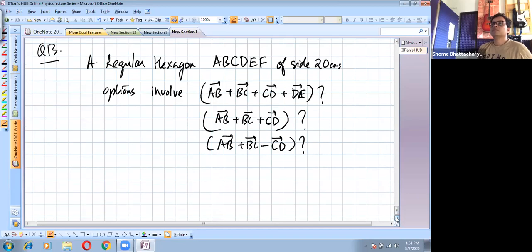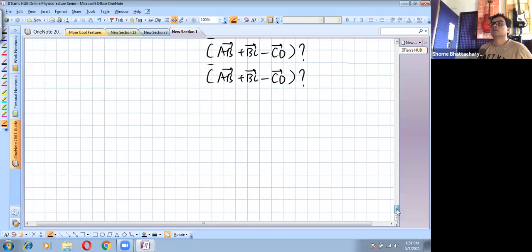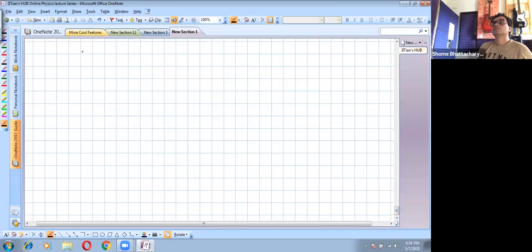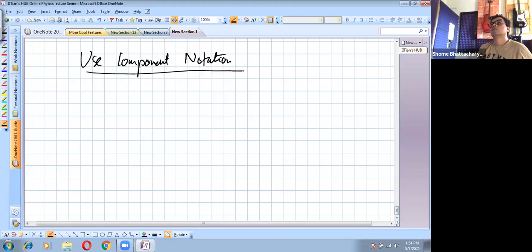Okay. So what we'll do here is we will solve everything by component method. So we will use component notation. How we do that is we'll use the more convenient way of representing the hexagon. That is a hexagon which has the base, one side, parallel to the x-axis.